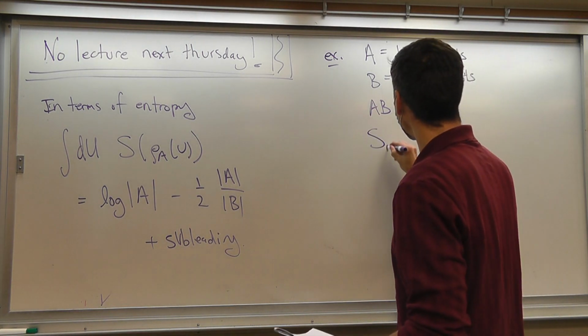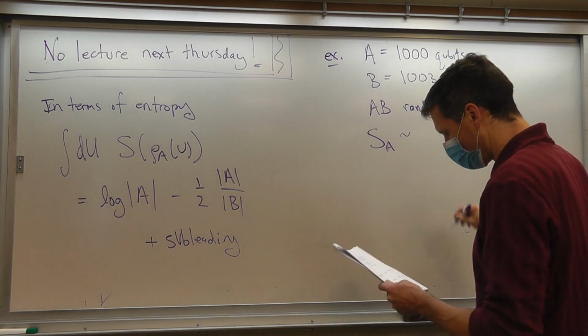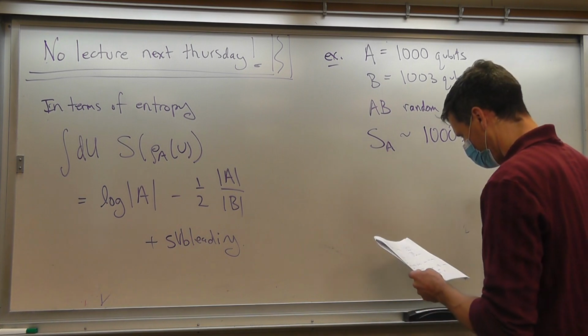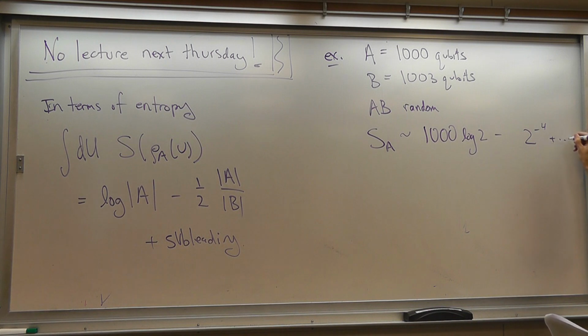Then we'd expect to find the entanglement entropy SA to be about 1,000 log 2 minus 2 to the minus 4 plus dot dot dot.